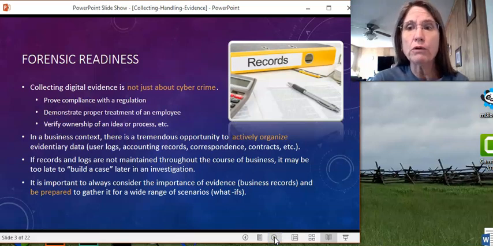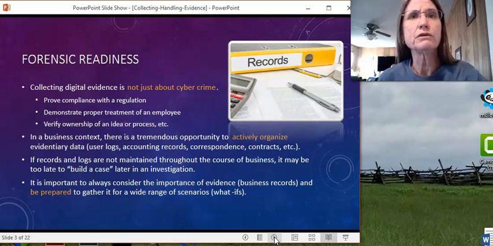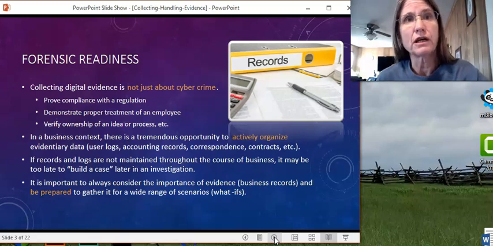So we will begin by considering the idea that collecting digital evidence isn't just about cybercrime. Data can be used to prove that an individual was treated properly, for instance. It could be used to show compliance with a regulation.